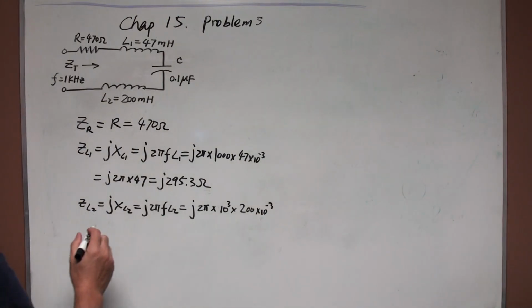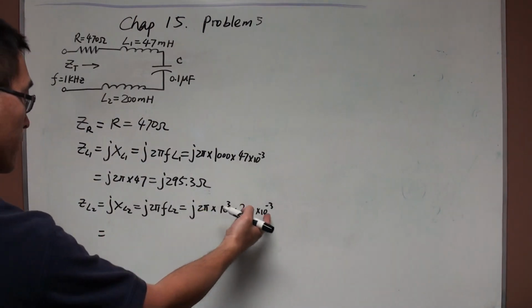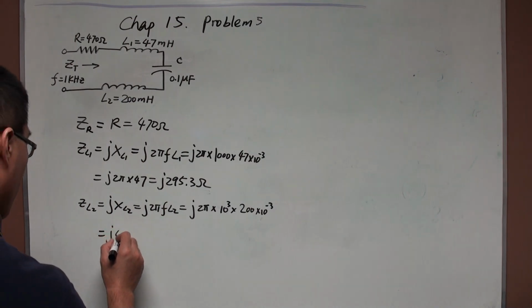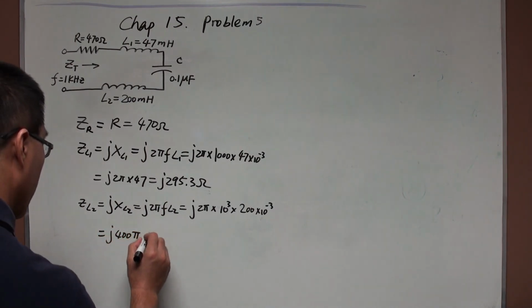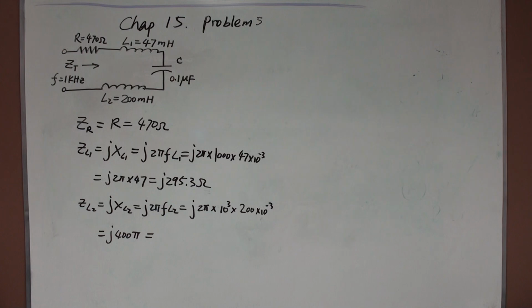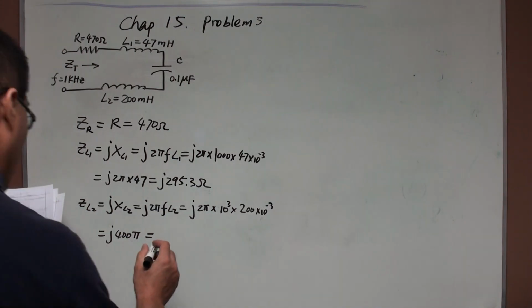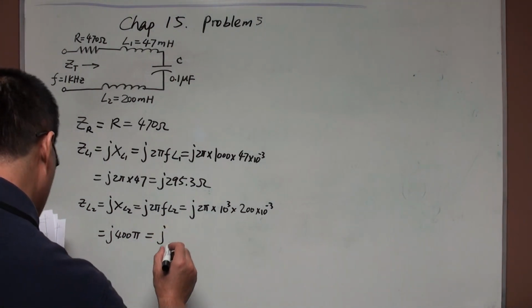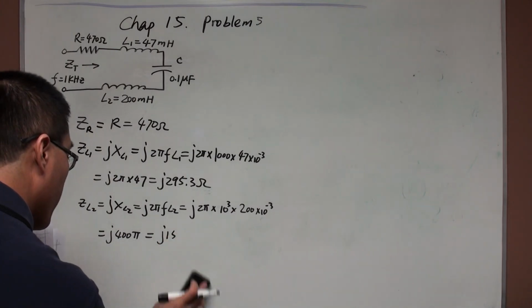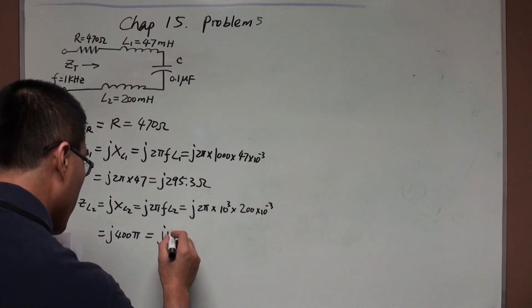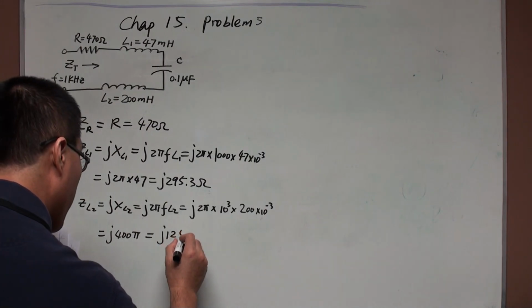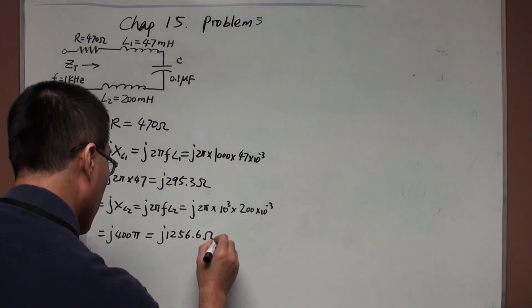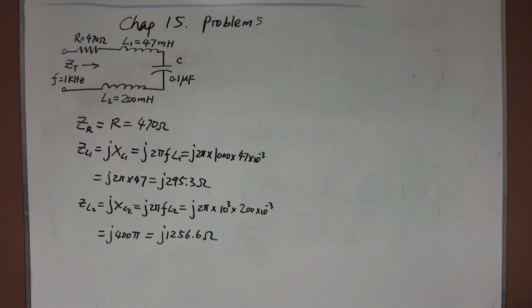Okay. All right. So this cancels. So it becomes j 400 pi, and if you multiply pi, you will have j1256.6 ohms. Okay, so that's for the second inductor.